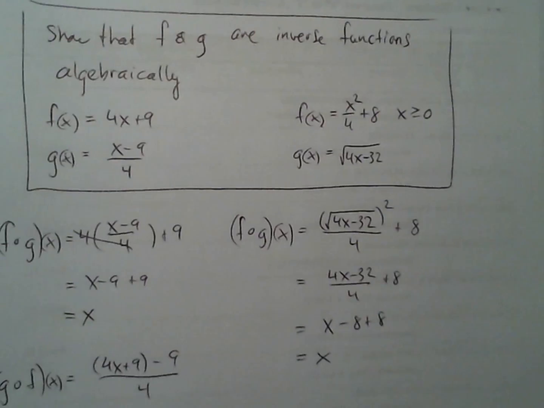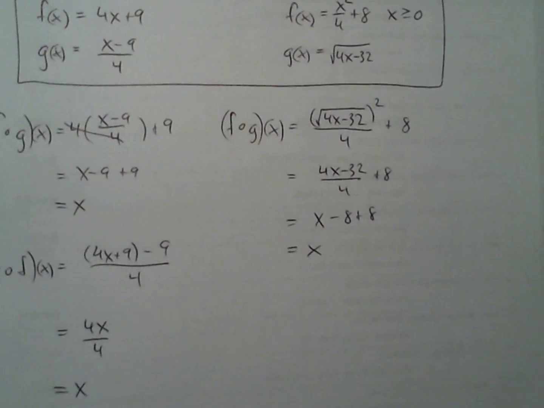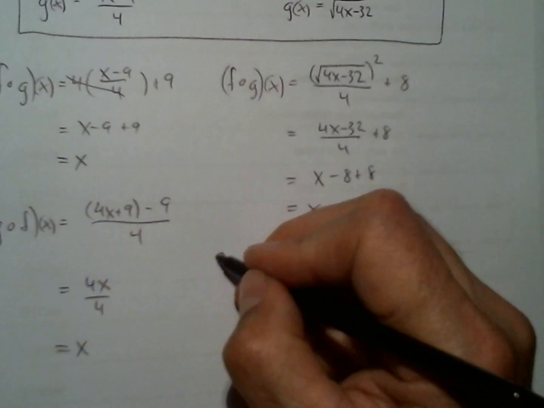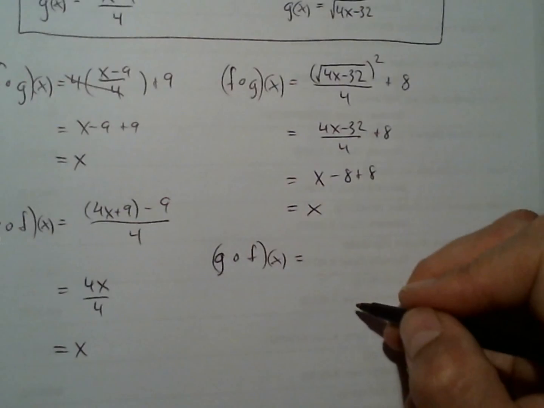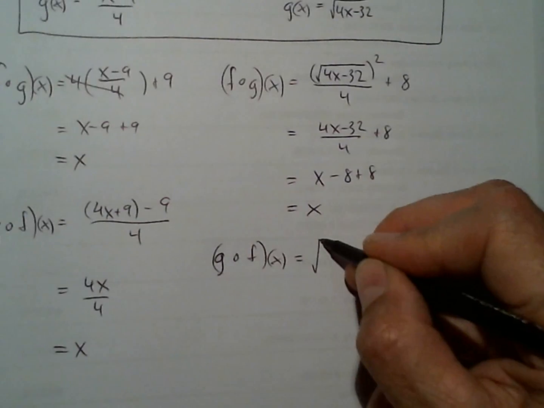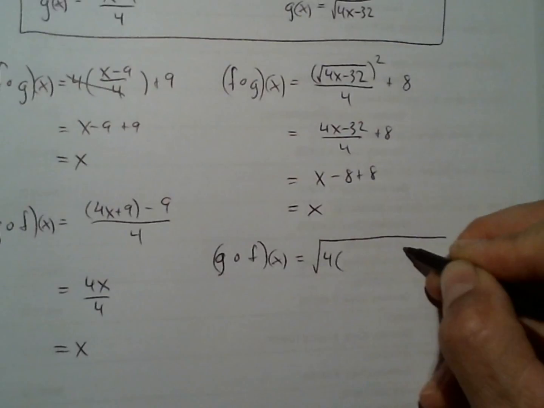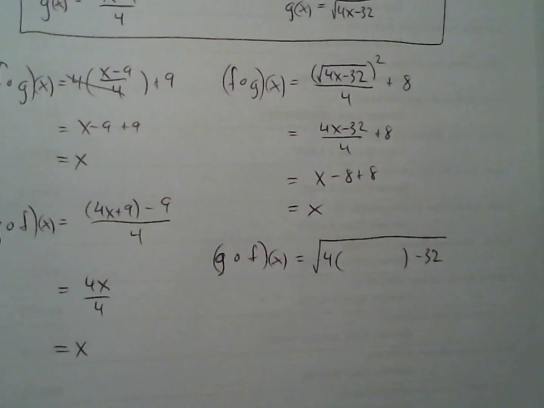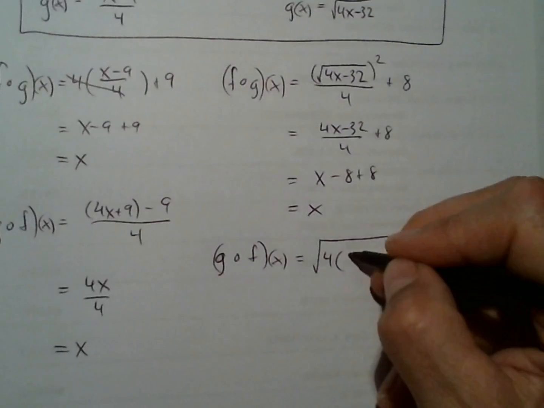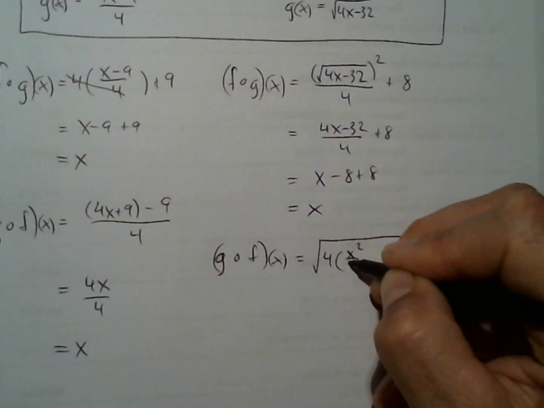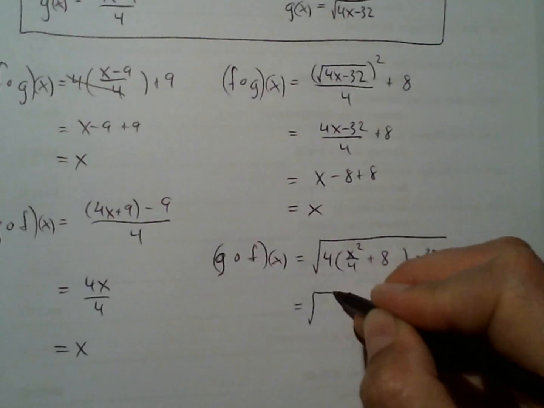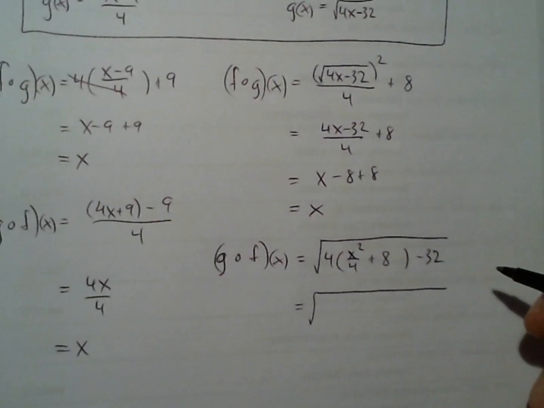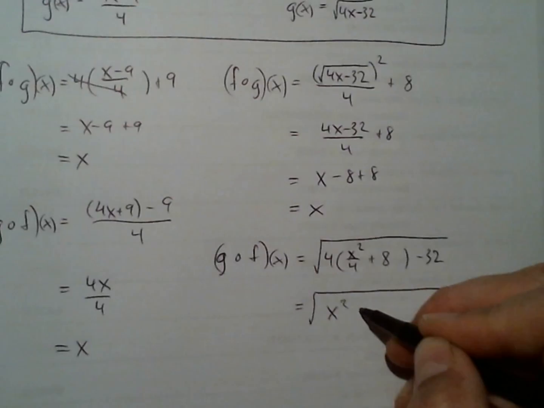So f cancels g. Copy g. In place of x, we'll put f. And distribute the 4.